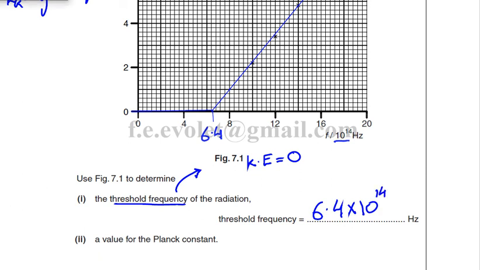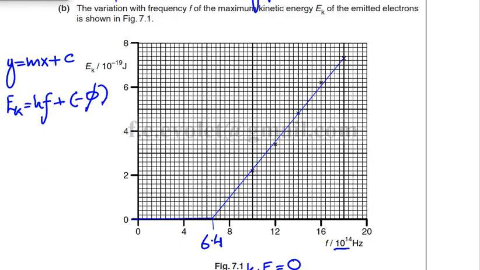The next part of the question says use the figure to determine a value for the Planck constant. The question says use the figure. So if we look at the figure and the equation, we know that the slope of this graph is h, the Planck constant. So the slope of this graph is h equals the change in the kinetic energy over the change in frequency. We can pick any 2 points on the graph and work out the change.